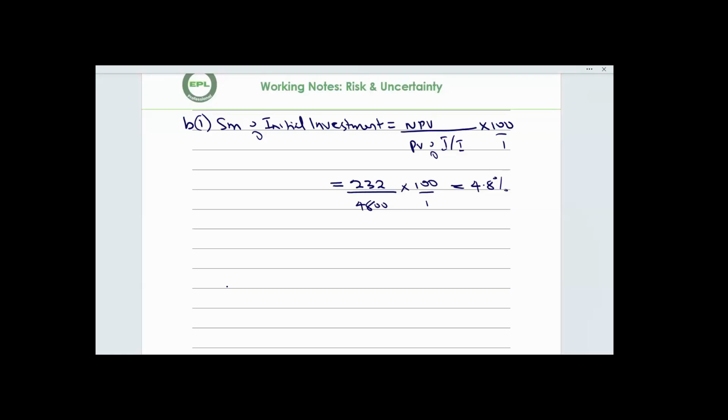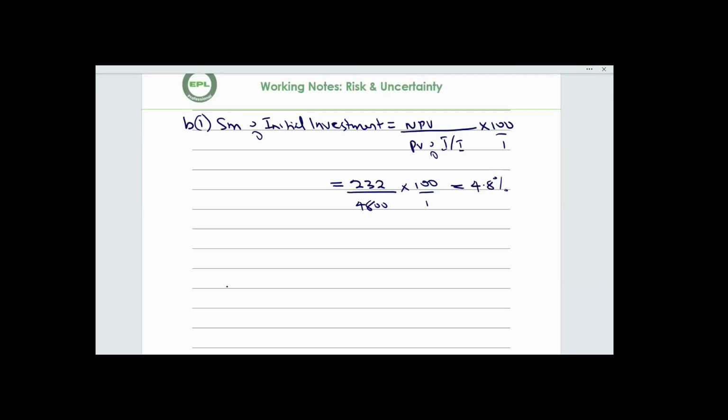This 4.8 is the maximum level to which the initial investment can increase. We can still increase this initial investment of 4,800 by 4.8%. So any point above this 4.8%, the NPV will be negative. That is the interpretation. If you increase it by 4.9%, you are going to have a negative NPV. You can try it on your own.